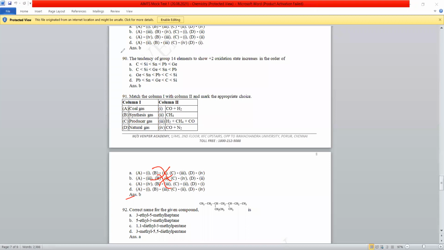Next, students, question number 90, we'll check here. The tendency of 14th group elements to show +2 oxidation state increases in the order of, +2 oxidation state stability, they're asking. Top to bottom, +4 stability increases.